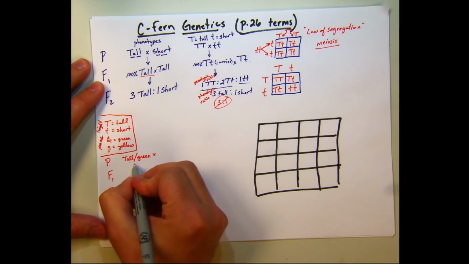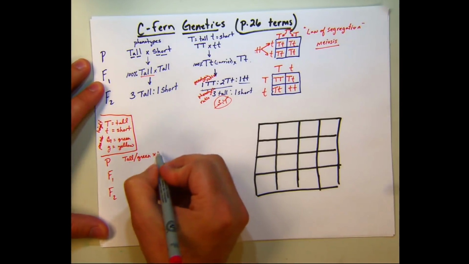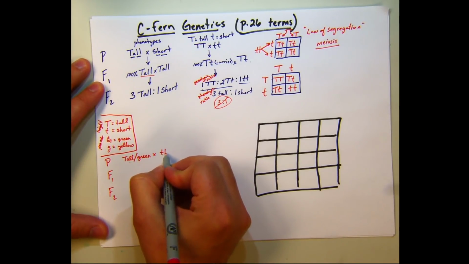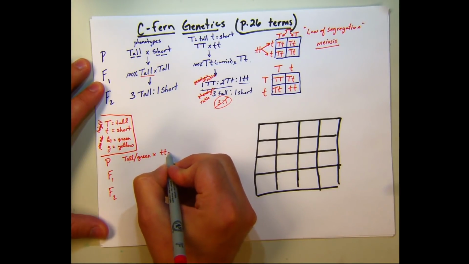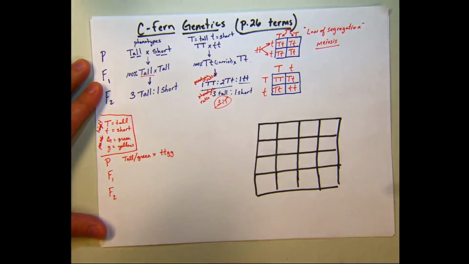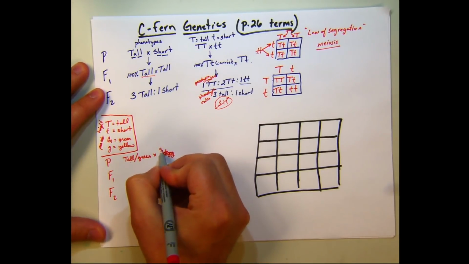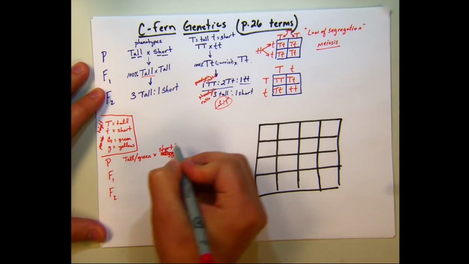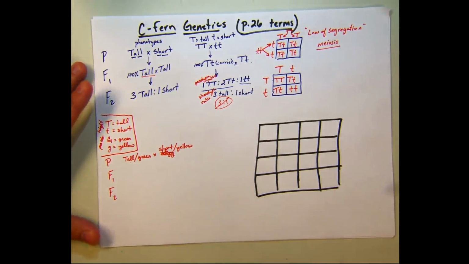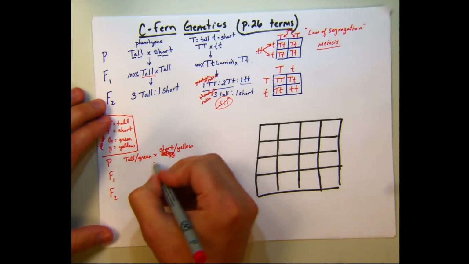We can give that a genotype, but let's come back to that. And then he did the same thing. He had a short plant that only produced yellow peas. Short with yellow peas. Bred them together, they're inbred. They're now the purebred ones.